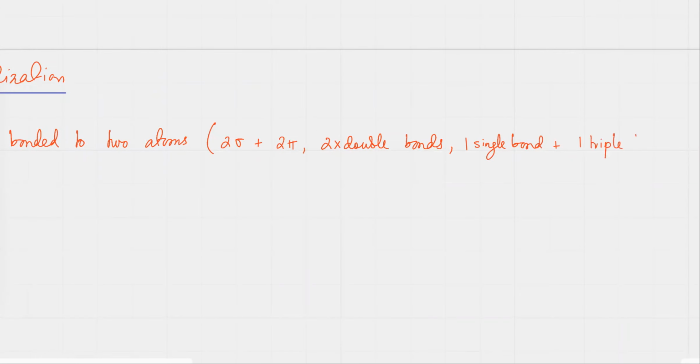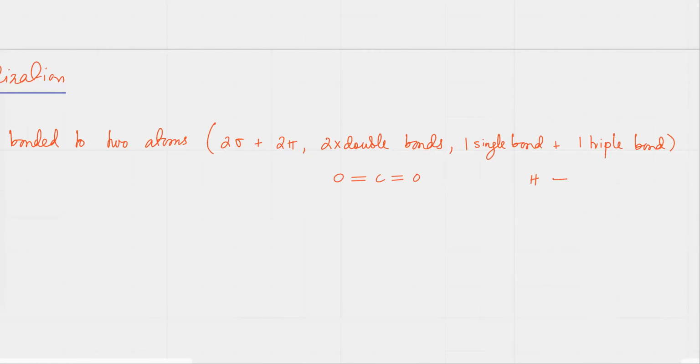The best way to judge is that whenever carbon is bonded to two atoms, that is basically sp hybridization. So you've got two double bonds like in a carbon dioxide molecule. That's a carbon atom that's making two double bonds, or just bonded to two atoms.